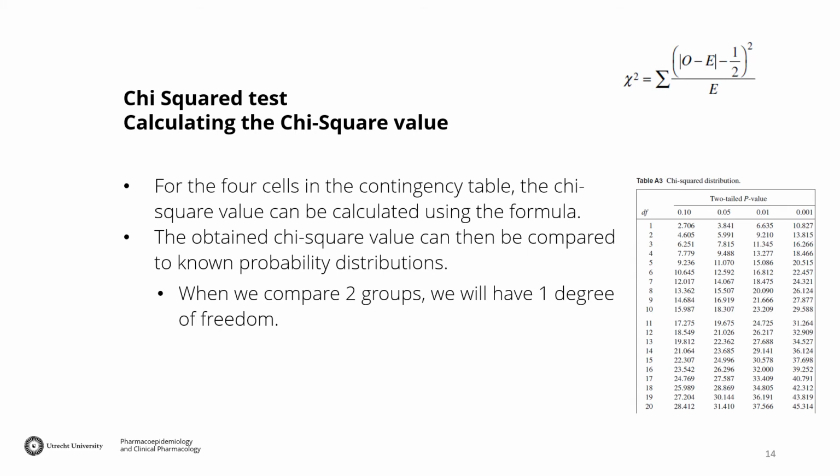Because we have written it as a contingency table, we have 1 degree of freedom here. So you basically find the 1 degree of freedom, find where the test statistic that you have calculated falls, and then find the p-value in the table.